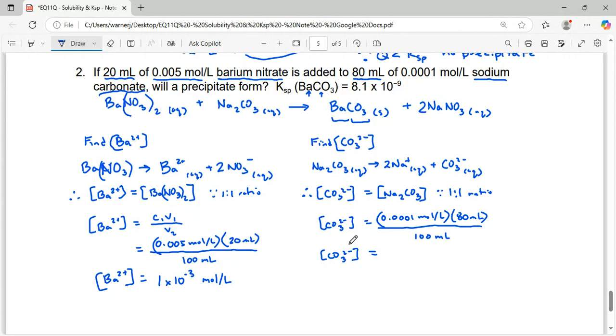Times 80 divided by 100, that's 8 times 10 to the negative 5 moles per liter.